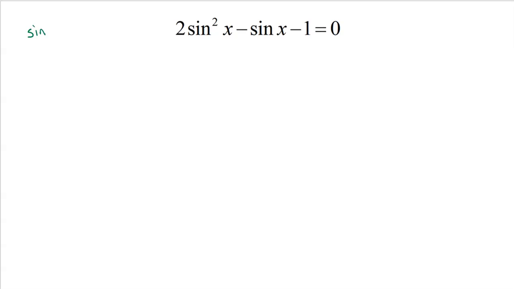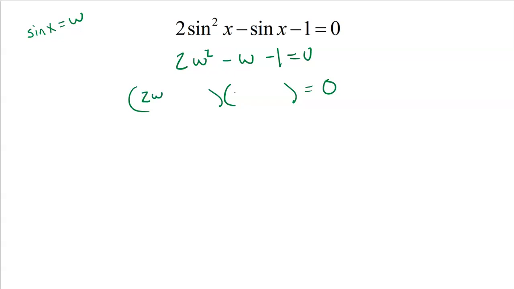So let's take the sine of x and just call it w for a second. Then we have 2w squared, because it was sine of x squared, minus w minus 1 equals 0. Now, this is a basic factoring problem, right? This should be very quick and painless to factor. So we get 2w times w.